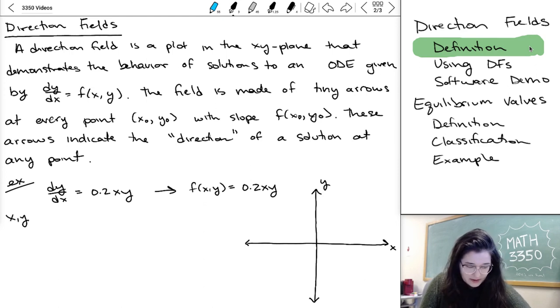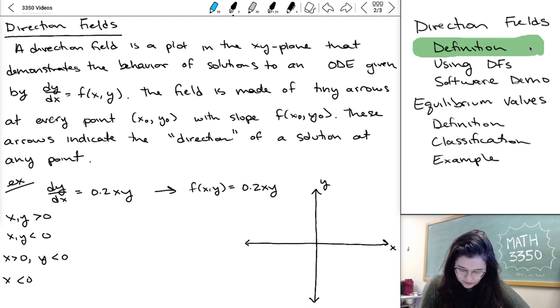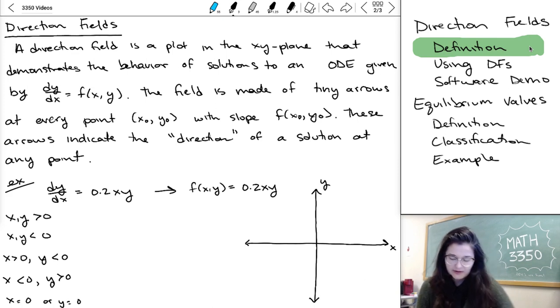And I'm going to break it up into a bunch of cases. X less than 0, y greater than 0, and x equals 0 or y equals 0.